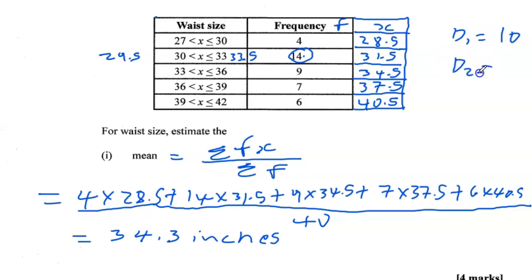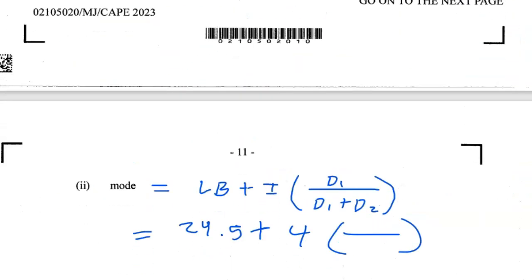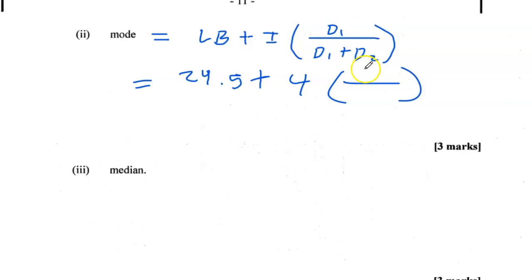And D2 is the difference between the modal row frequency and the frequency which comes after it, 9. So it's 14 minus 9, that's 5. Again, D1 is 14 subtract 4, D2 is 14 subtract 9. So D1 and D2 are 10 and 5 respectively.